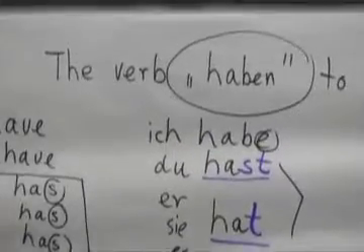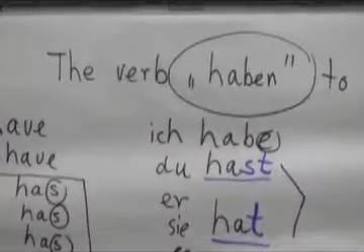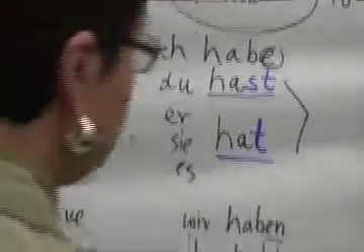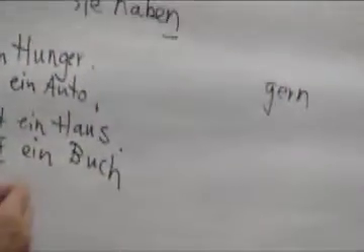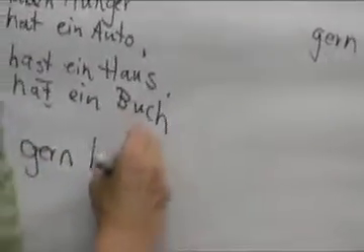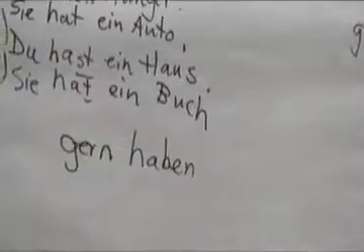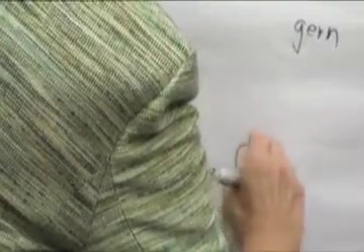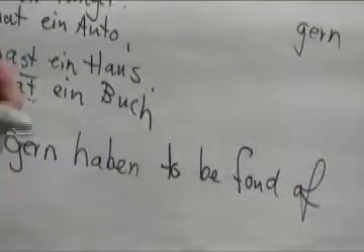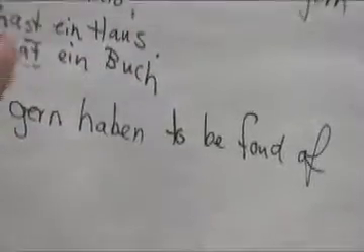But there's one way of using that verb in a special way. Remember, we had the little word gern. Now, if you use that verb, gern haben, means to be fond of somebody. To be fond of. Yeah. And remember, when we used gern before, we put it after the verb, and we do the same thing here.